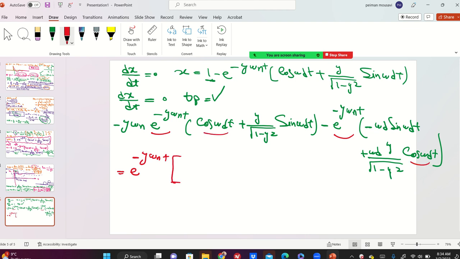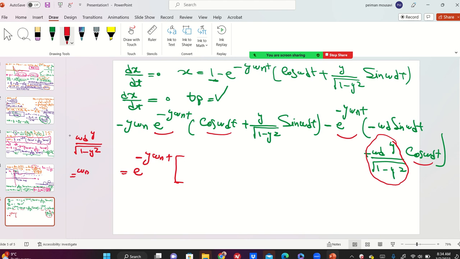You have cosine and cosine, but you can simplify this because omega d is omega n times the square root of 1 minus zeta square. So this is gonna be zeta omega n. So cosine omega d t times zeta omega n minus zeta omega n cosine. That's right. This goes to hell.